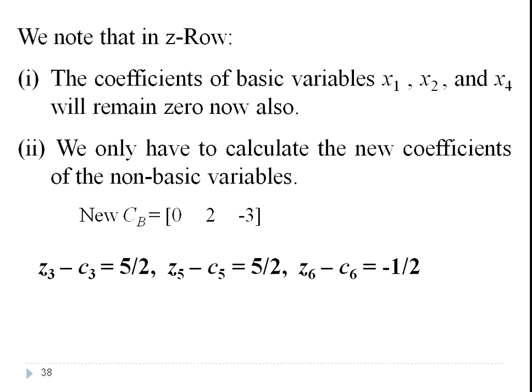So CB takes this value, and now the Z values for the non-basic variables. The non-basic variables are X3, S2 and S3. This is corresponding to S3, this is corresponding to S2, and this is corresponding to X3.